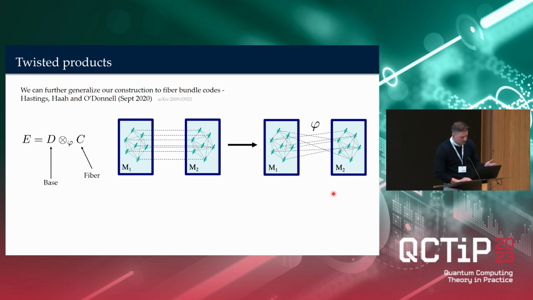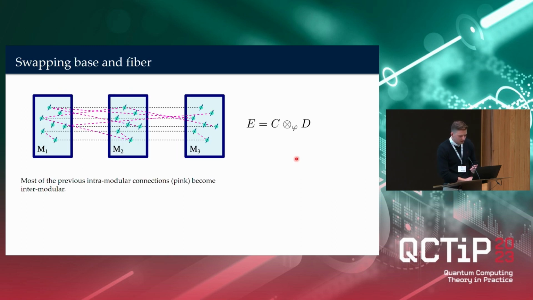If we were to switch the base and fiber around, so that the base is the intramodular connectivity and the fiber is the intermodular connectivity, most of the connections within the module would disappear, and most of the connections would be intermodular. We assume from a physical perspective that these connections are much noisier, harder to make, and may also take a longer time to establish.